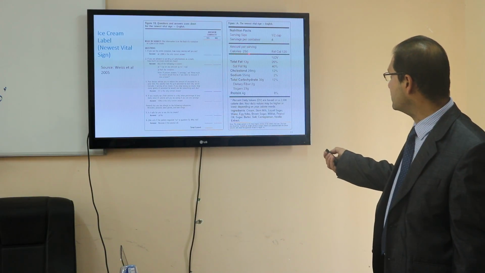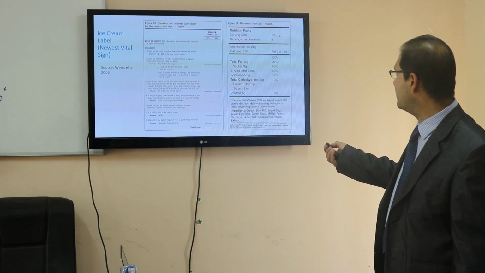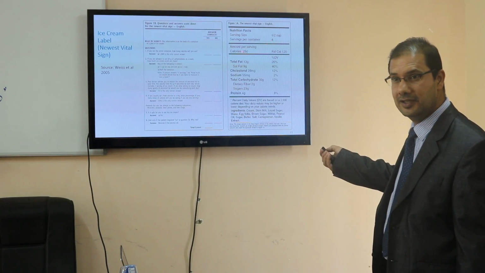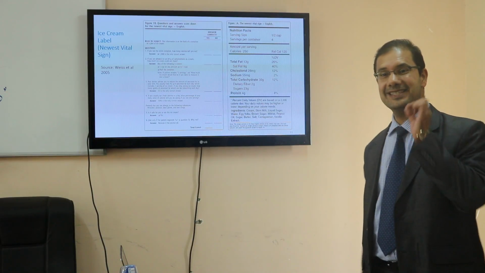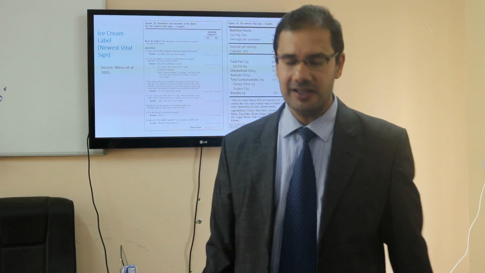The container has four servings per container. Each serving 250. Four times, it's 1,000. This is the most difficult question. This is the most difficult tool.